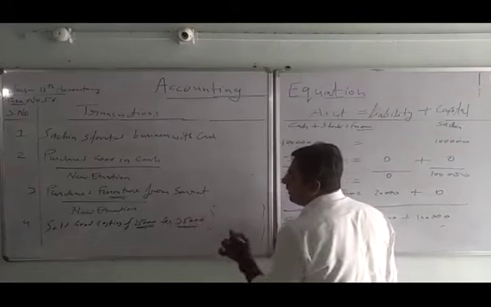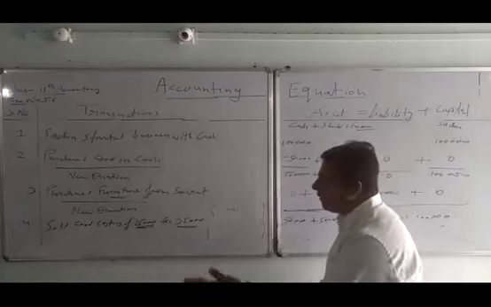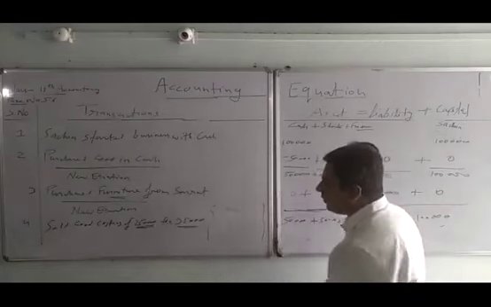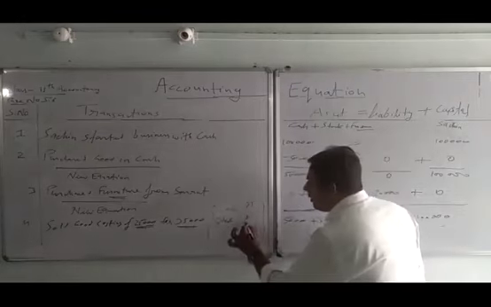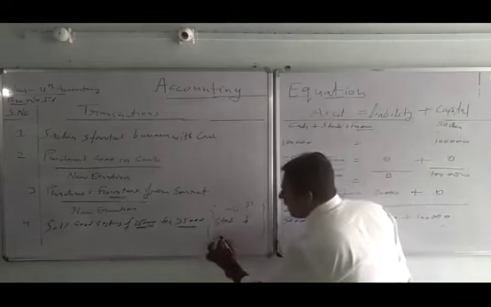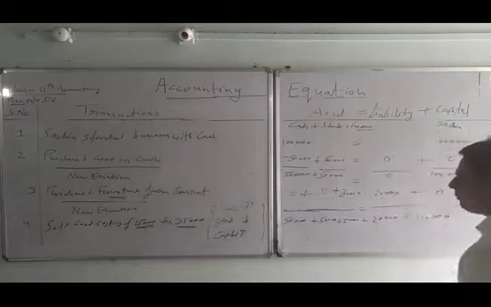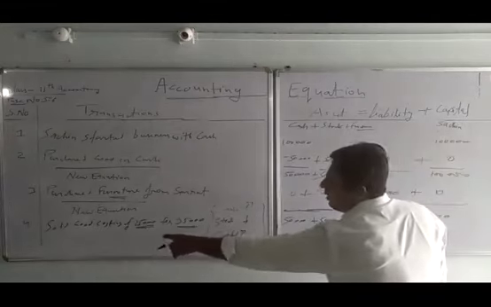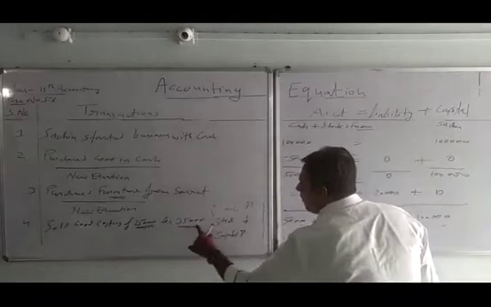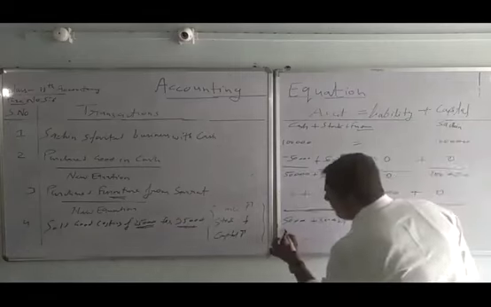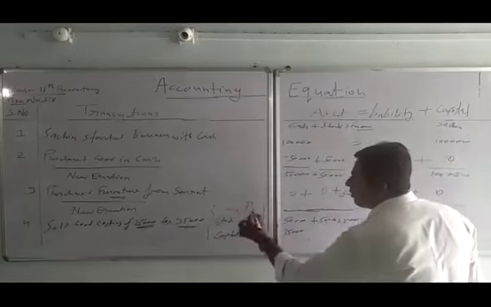That means here three things are impacting. First is cash. Goods are sold, so cash will increase. Our stock in the godown will decrease and our capital will increase. See how. Goods sold, how much? 35,000, so cash received is 35,000.